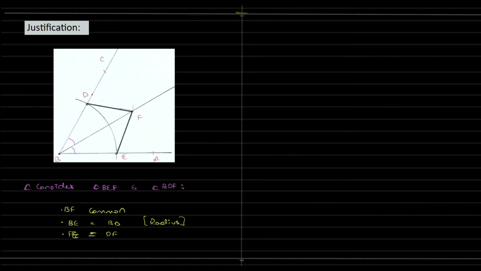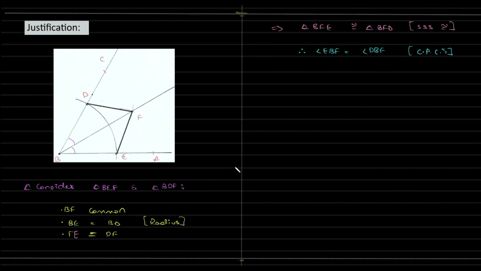So by this, what can you tell? With the help of these three pieces of information, we can conclude that triangle BFE is congruent to triangle BFD by SSS congruency. Therefore, we have angle EBF equal to angle DBF because of CPCT.